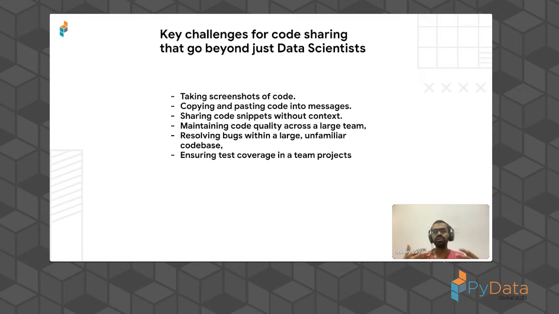Even if you're working with notebooks, you have to follow good coding practices and ensure that when your model goes into production, it can handle all the different edge cases. So all these challenges go beyond just data scientists, and are also followed across machine learning and standard software development, right? These are some of the challenges that we continuously face.